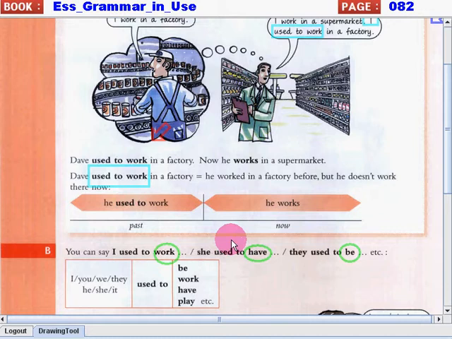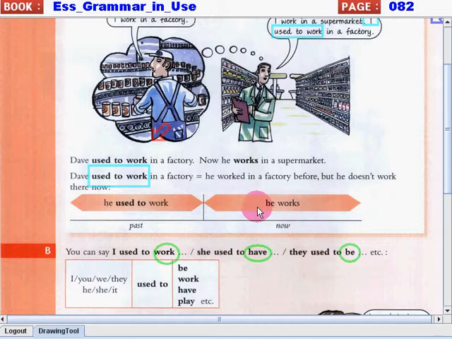Next, "she used to have" means the person used to have something, but now not anymore, so we use the verb "have." And the last one, "they used to be," is about people who used to be in a state, or used to be something, but now not anymore.